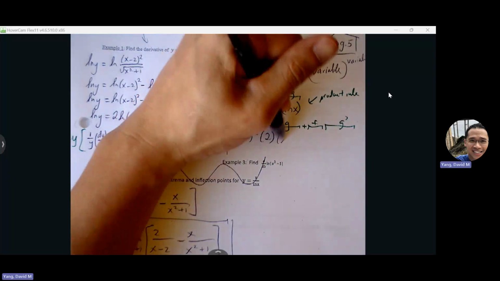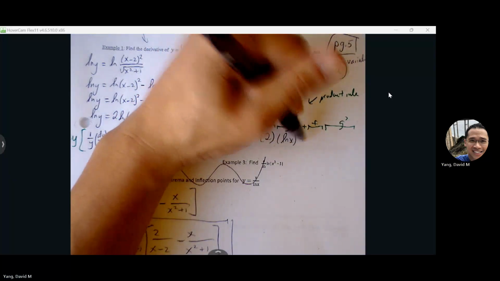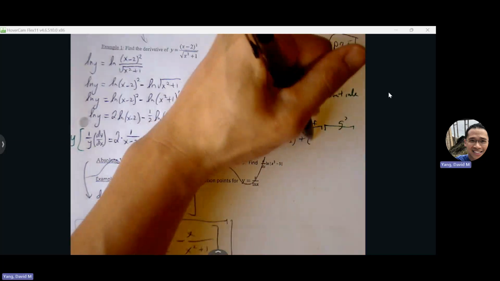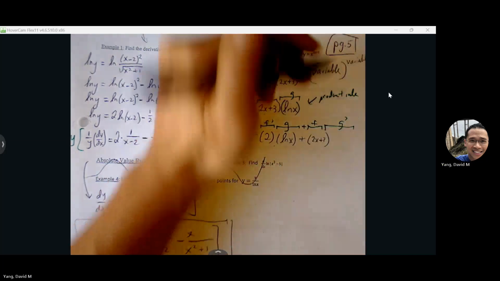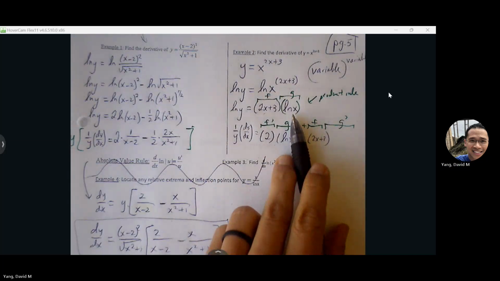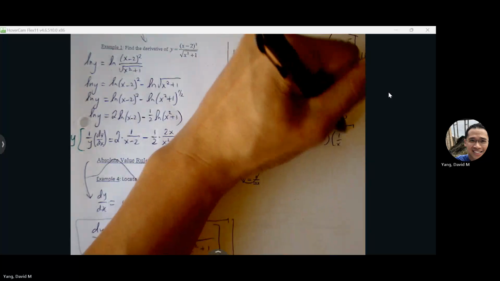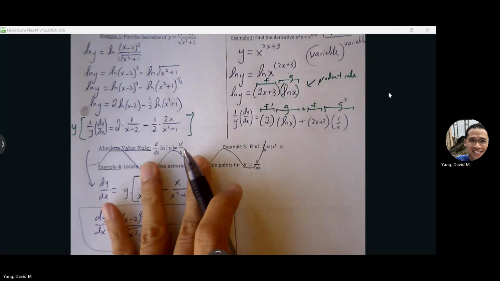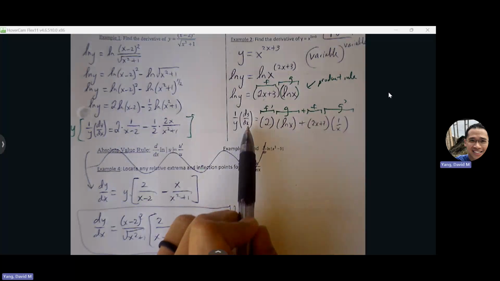G function, no changes. Okay, back to f. And then g prime. Okay, final step.